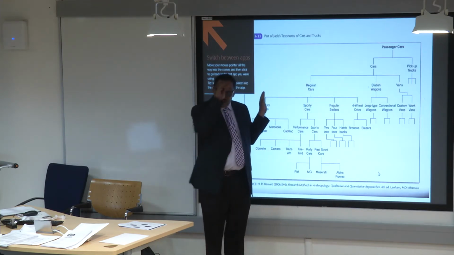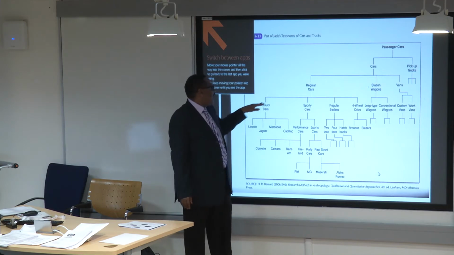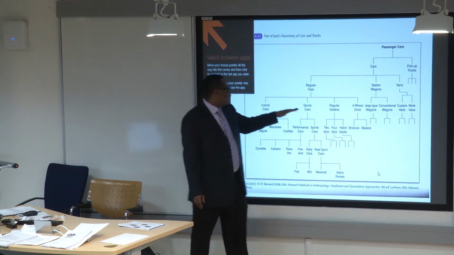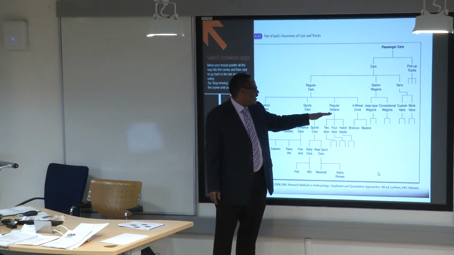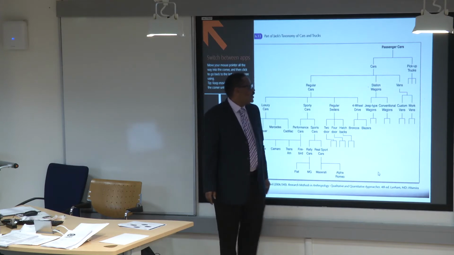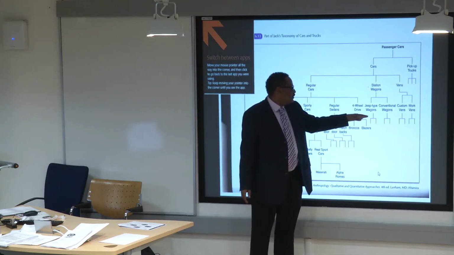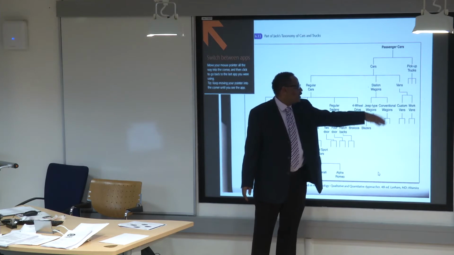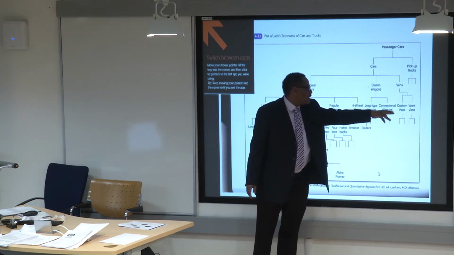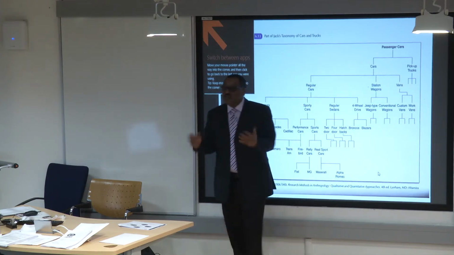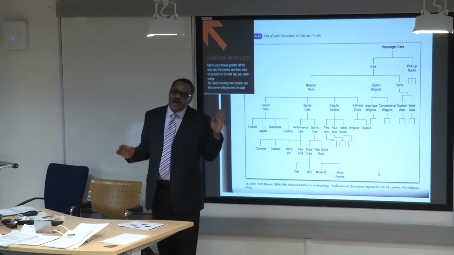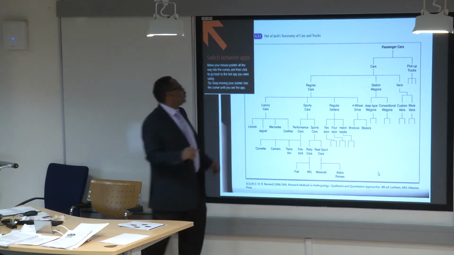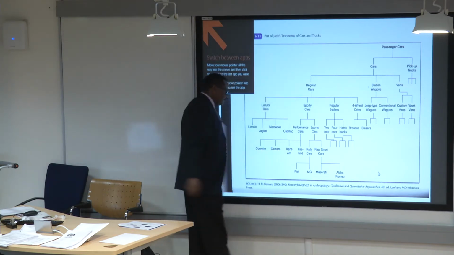Is that true? In your mind it comes this way. And a regular car could be a luxury car, sporty cars, regular sedans, four-wheel drive. It could be a Jeep-type wagon, conventional wagon, and so on. In terms of vans, it could be custom vans or work vans. So it comes to you this way, taxonomies.